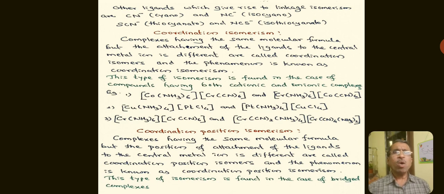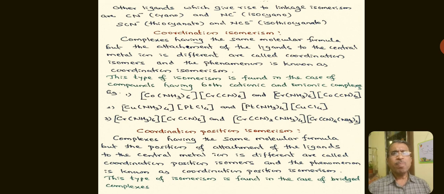The isomer of this is the hexamine chromium 3 hexacyanocobaltate 3. In this case, the 6 ammonia ligands are attached to chromium 3 ion and the 6 cyanide ligands are attached to cobalt 3 ion.